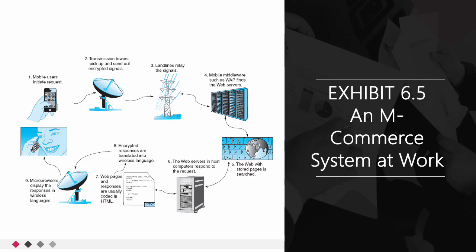And this is how the m-commerce system works, okay? I will give you an example of you ordering a bubble tea with your phone. First, when you tap or click, you make a request, like checking your bank balance or buying a concert ticket, and your phone sends encrypted signals, a secret code, through a transmission tower, okay?